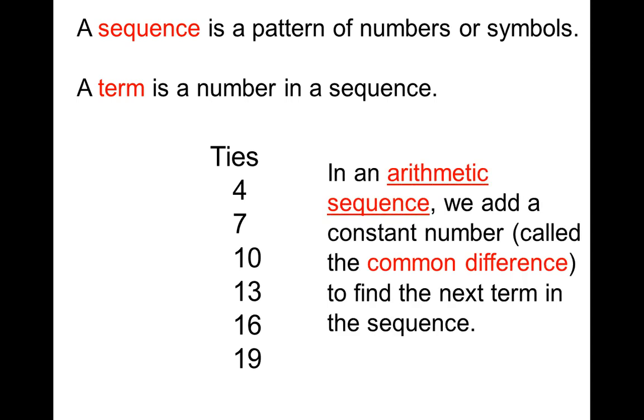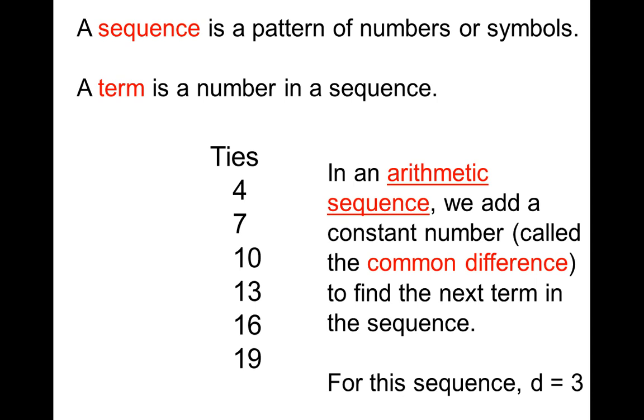And in fact, because these terms have a particular pattern, meaning the pattern that we add the same amount every time, we consider this to be an arithmetic sequence, because in an arithmetic sequence we add a common number, which is called the common difference, to find the next term in the sequence.